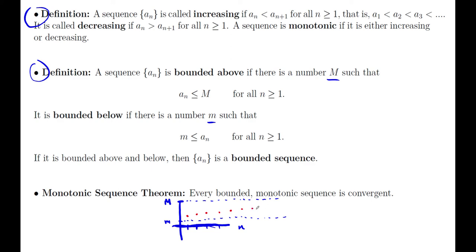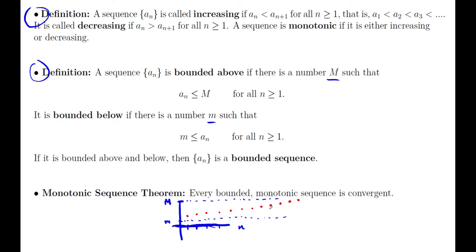But eventually, as it grows, it's going to run out of room. We know it cannot get past this dotted line. And so at the worst, this sequence is going to converge to that top number, capital M, or it will have converged somewhere before that. So that's why every bounded monotonic sequence has to in fact be convergent.